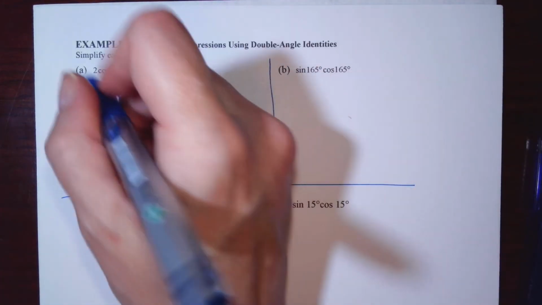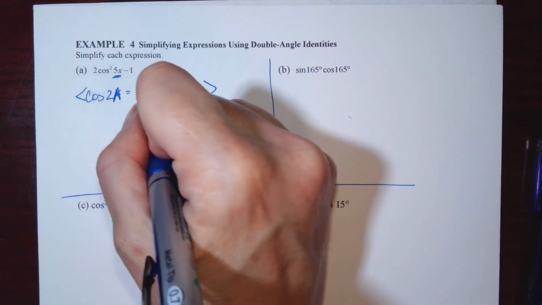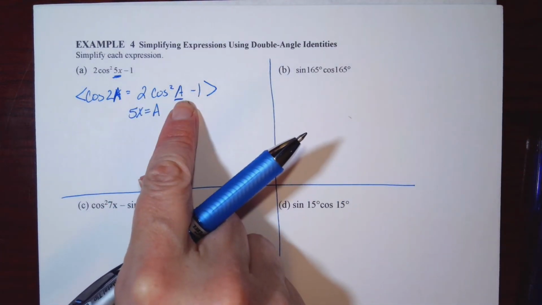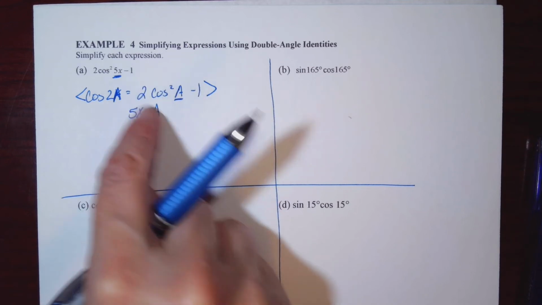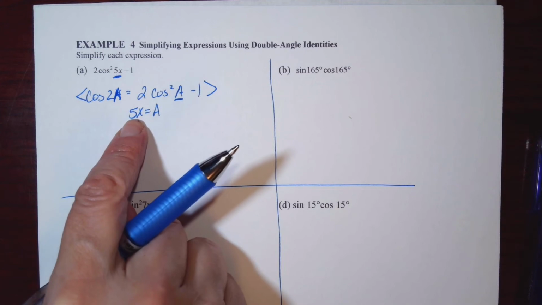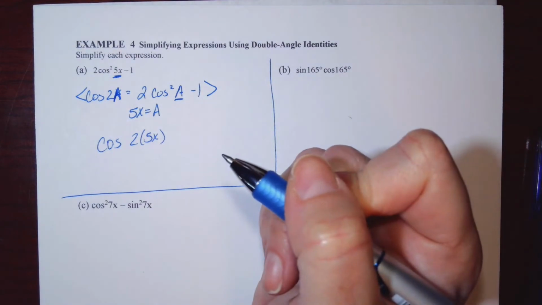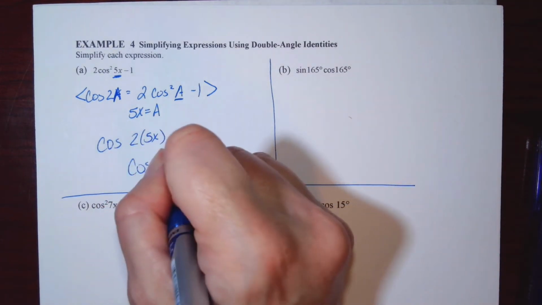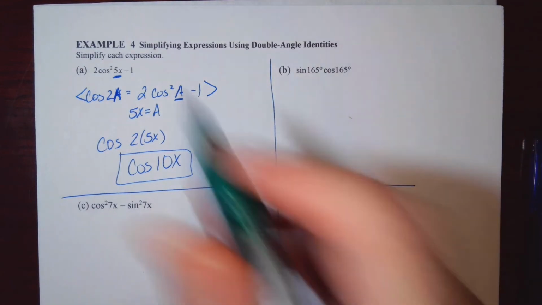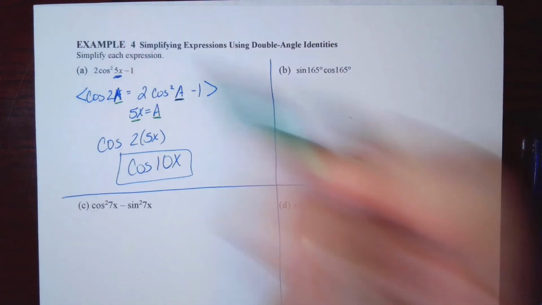If I count 5x as a, that becomes 5x. That means this is equal to cosine of 2 times that argument, where my argument is 5x. So cosine of 2 times 5x gives me cosine of 10x. We did a substitution right there. We said, my argument a here is the same thing as 5x here.